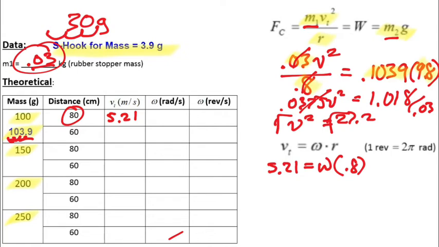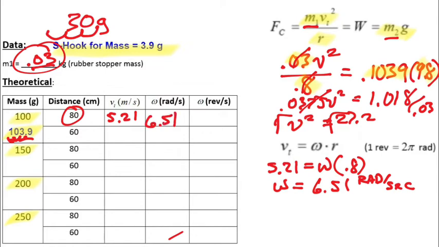Divide by 0.8, right? So 5.21 divided by 0.8 is 6.51. And that would be radians per second, because whenever you calculate or work with omega, it's radians per second, not how many times it spins around per second.